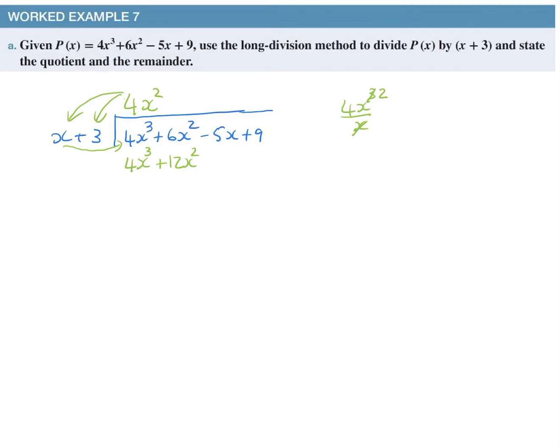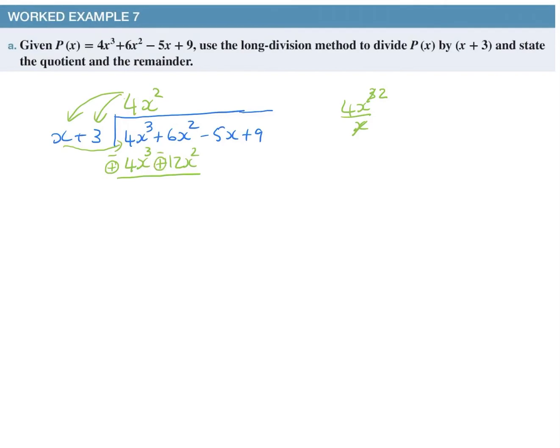Make sure that once I do this step, every one of these has the same degree. Now I'm going to subtract, like we do in long division, the bottom from the top. And because I'm subtracting, my signs change. If this was a positive and I subtract a positive, it becomes a negative.